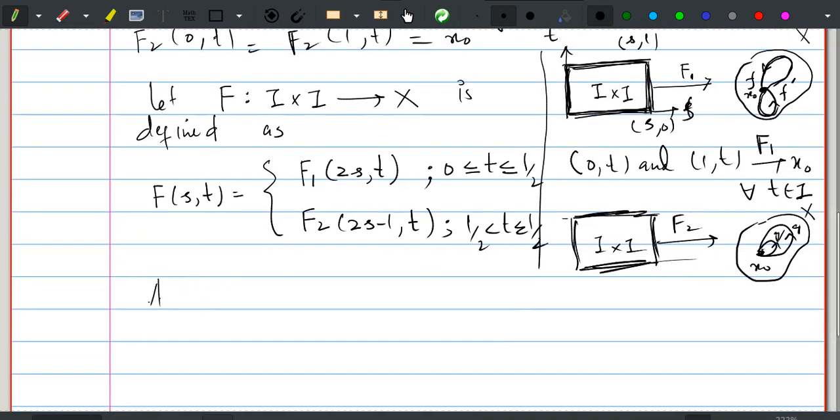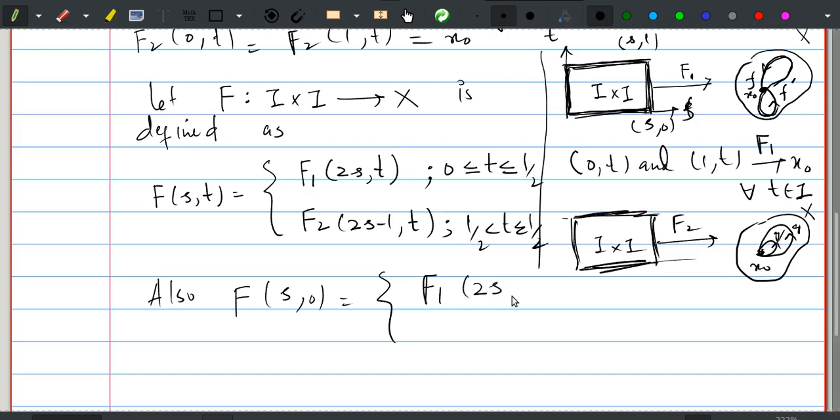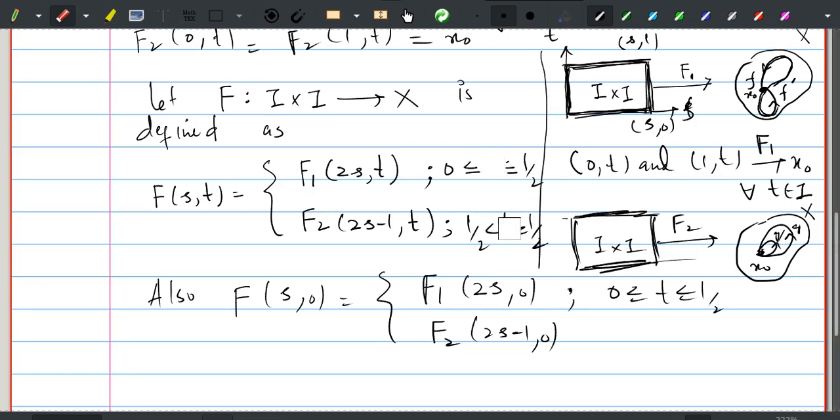Also, F(s, 0) is the same as F1(2s, 0) and F2(2s minus 1, 0), where s is between 0 and half in the first case.